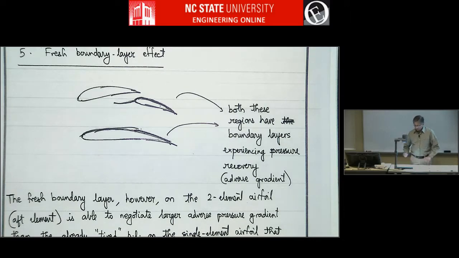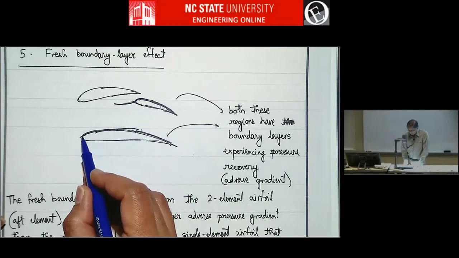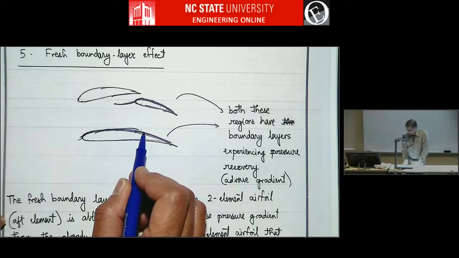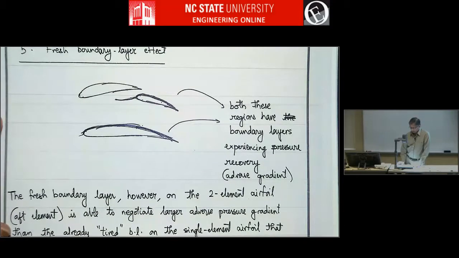So another advantage of doing this is, if you have a single airfoil, this boundary layer has been flowing from the leading edge all the way down here, and now it's experiencing adverse pressure gradient, and it's going to separate.